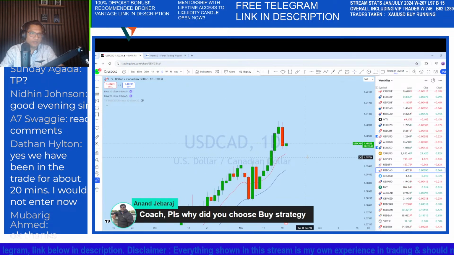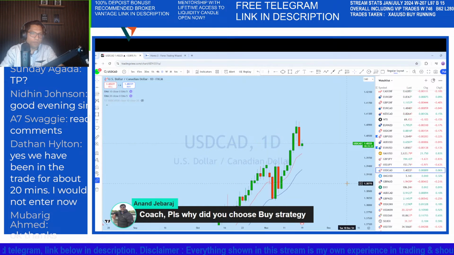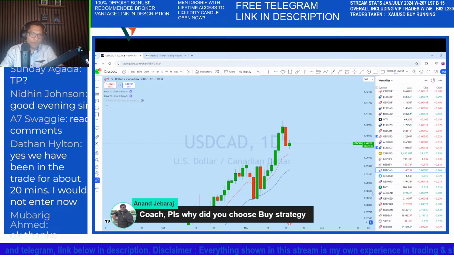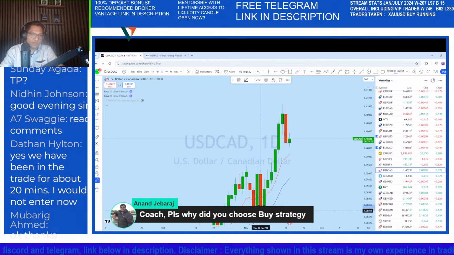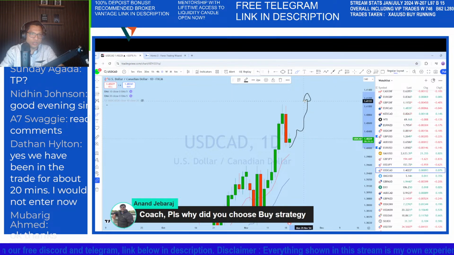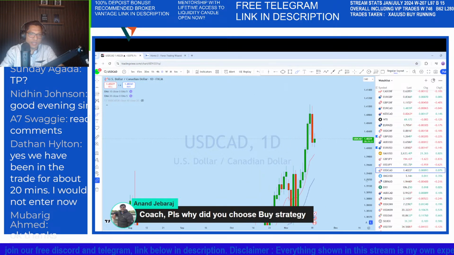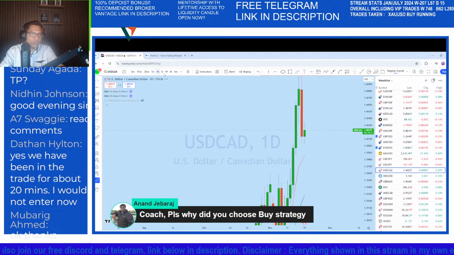From the daily, there is a daily drop, and at the moment, if we look at the overall trend on dollar CAD, it is a bull market from here. We have seen that pullback, and from here we could see dollar CAD again trending towards the upside.